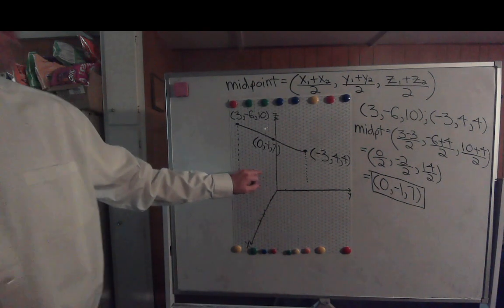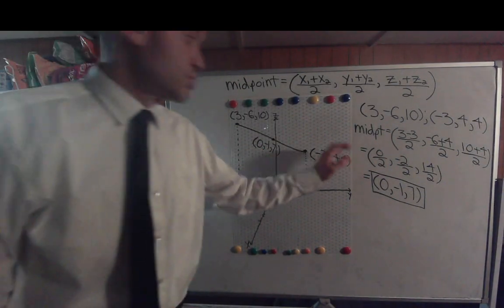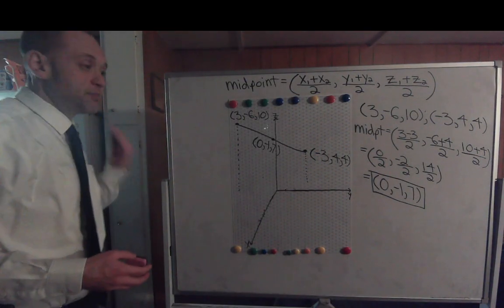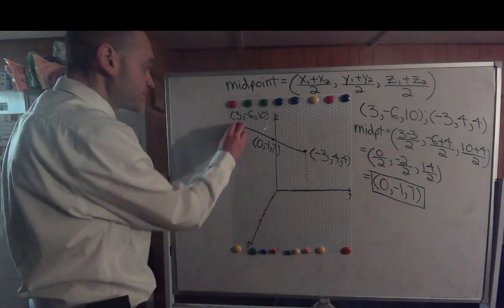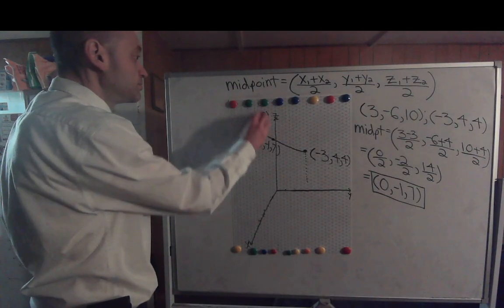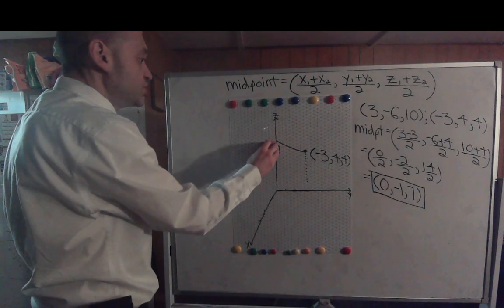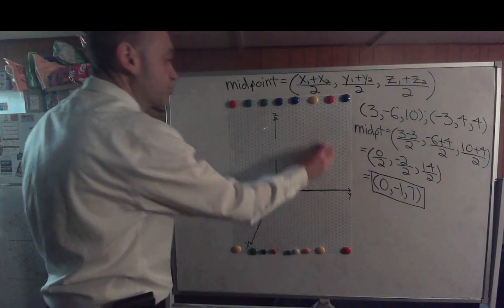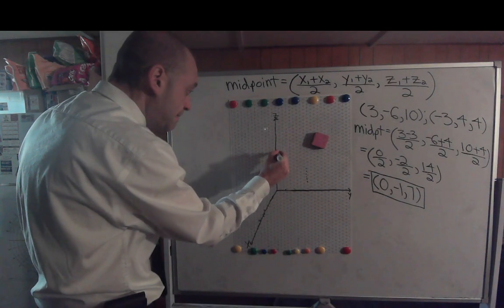But there's roughly your midpoint for these two ordered triples. Let's do one more midpoint, and then maybe we'll actually play around with a couple triangles. I do like 3D geometry a lot, because I think it's cool to be able to bring this to life in 3D as much as we can.